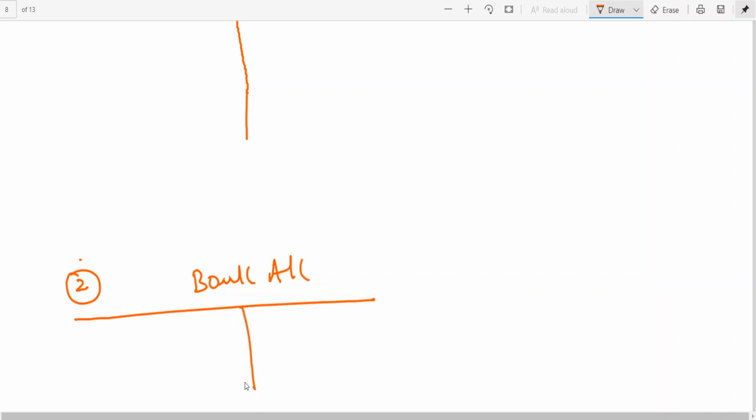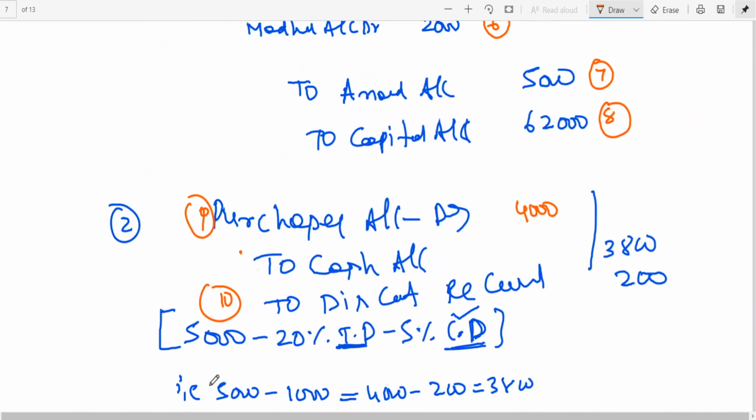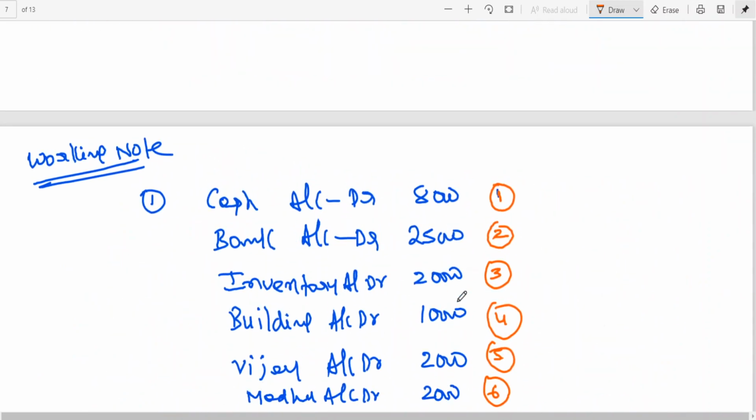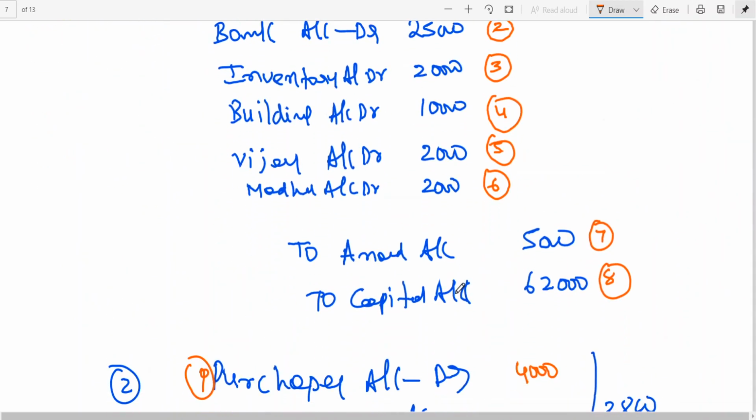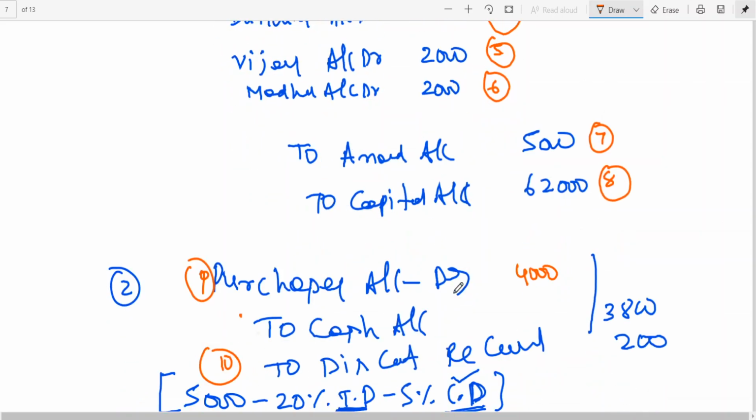Cash account, bank account, third inventory, building, Vijay, Madhu.